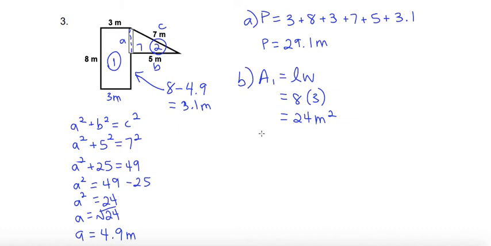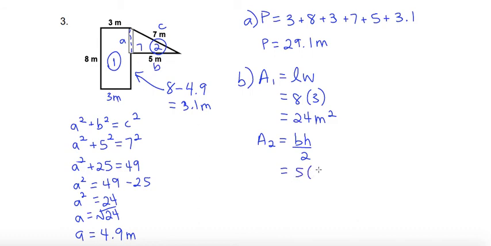The next thing I want to do is calculate the area of shape 2, which is my triangle. So the area of a triangle is base times height divided by 2. This is where I needed to do my calculation for Pythagorean theorem as well, because I needed to calculate the height, or the A, of my triangle. So my base of my triangle is 5.